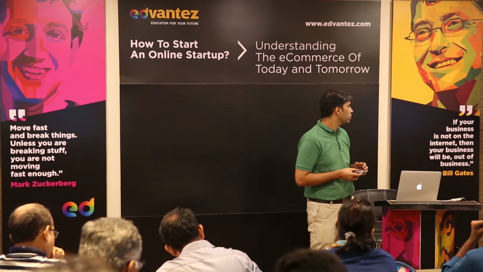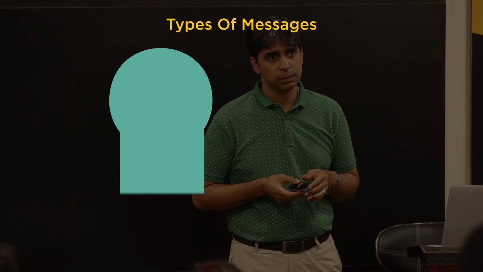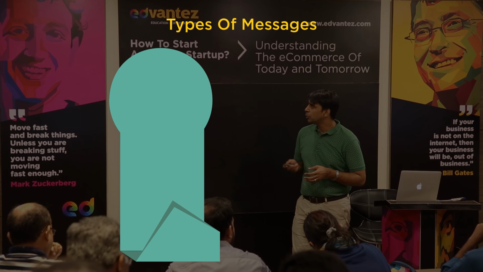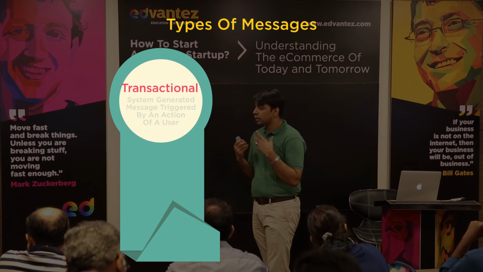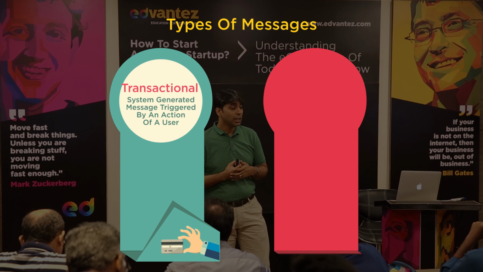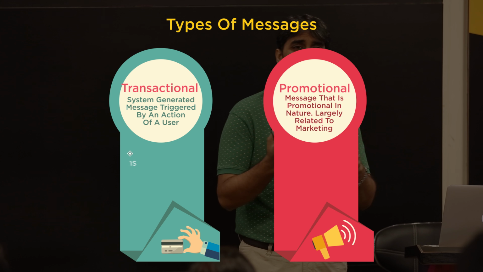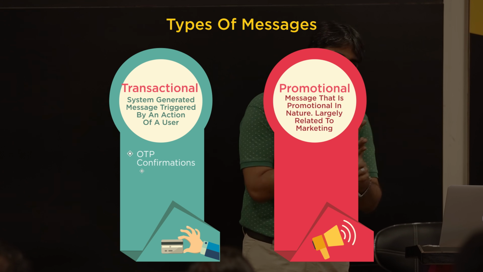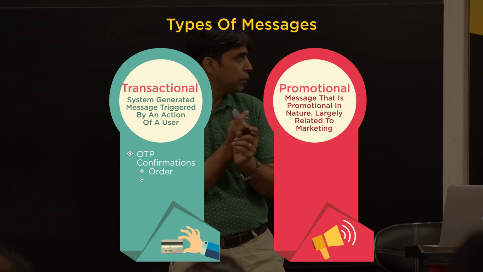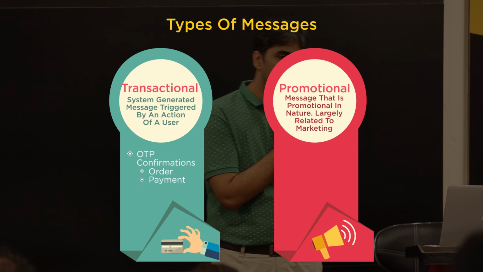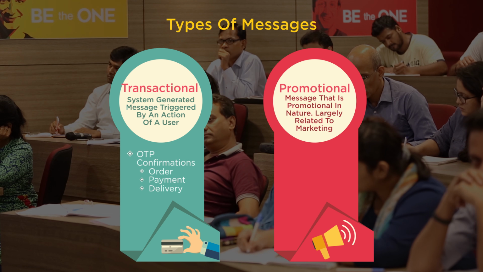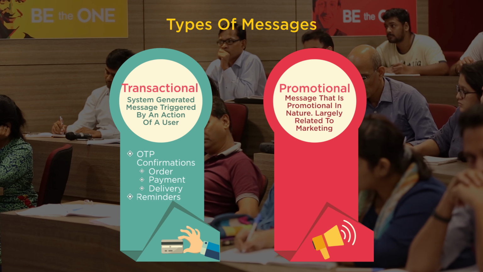Let's start off first by what type of transactions there are. There are two types of transactions: transactional and promotional. Transactional messages are your OTP codes, your order confirmation, your payment confirmations, your delivery notifications, or if you set some reminders.